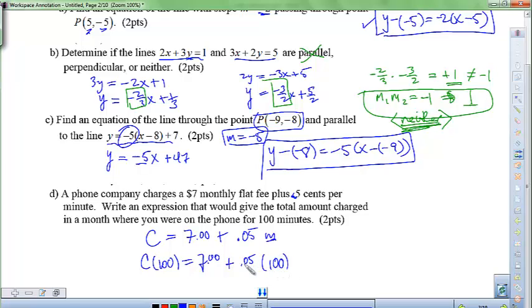So 100 minutes, let's move the decimal point twice to the right, and that would be 5. So this is $7 plus $5, and it looks like it's going to be $12 for that month. Okay, so that's problem number 2, all about lines.